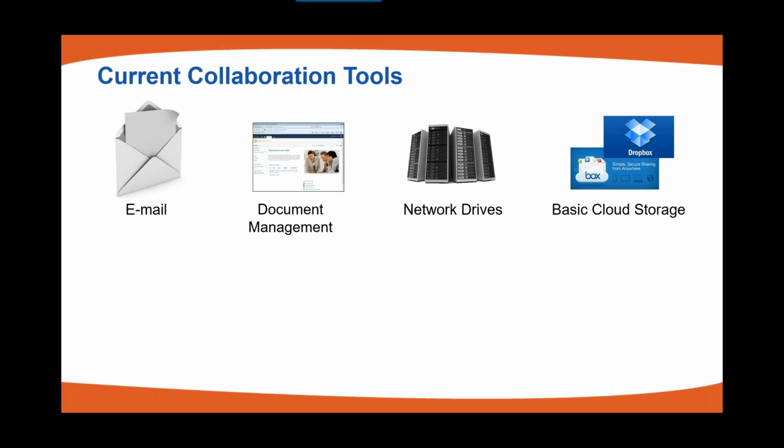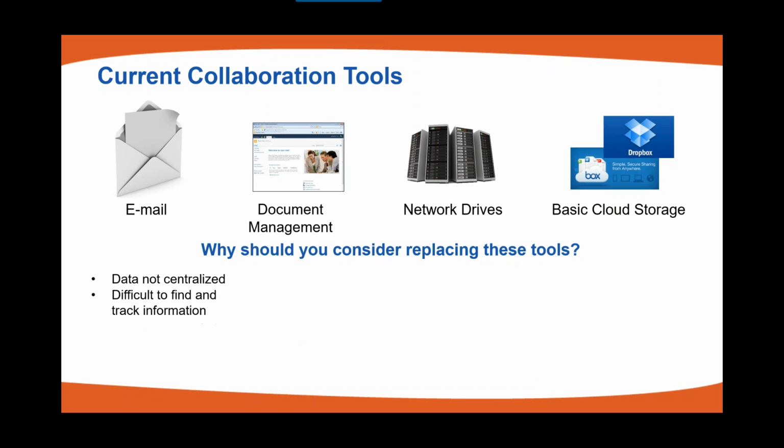Now, let's talk about the current collaboration tools that you're using: email, document management, network drives, and basic cloud storage. These four are basically the ways in which we currently are using our tools at hand to share our information. Now let's talk about each one of these and why you should replace these, or at least consider it. Email.